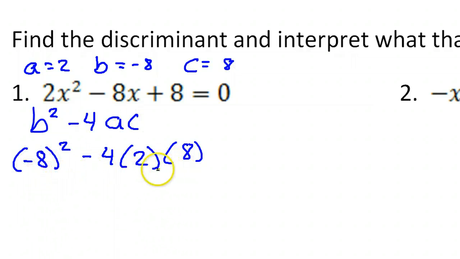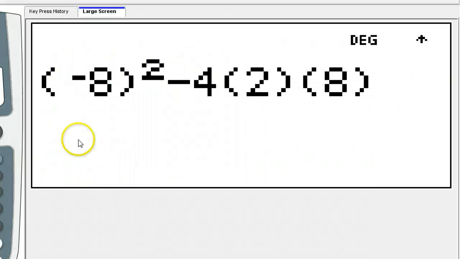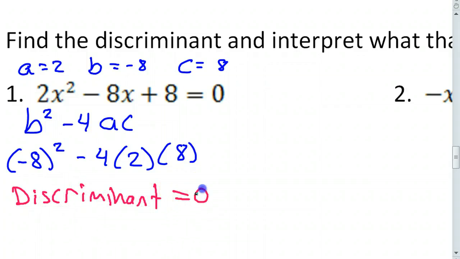That would look like this. That's giving us a discriminant of 0. So let's write that down. The discriminant is 0. That means that we have 1 real solution.